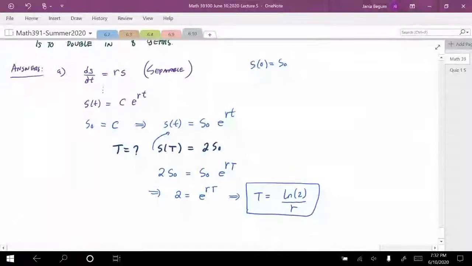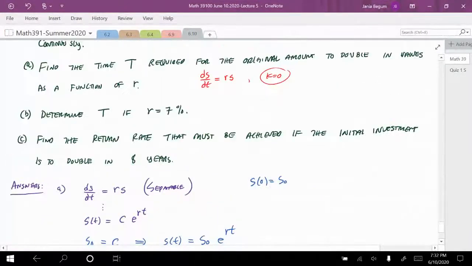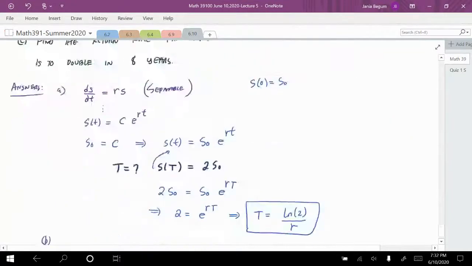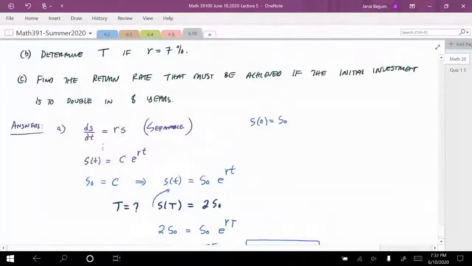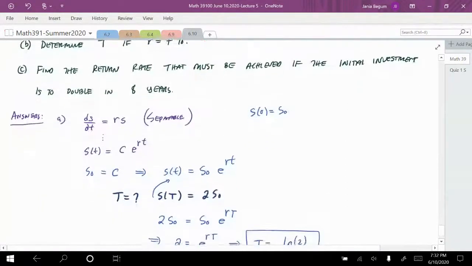Now, what about part B? What do we want to know for part B? We want to know time. Well, we already know the time when it's going to double if the rate is 7%. So what do you think you have to do for part B?